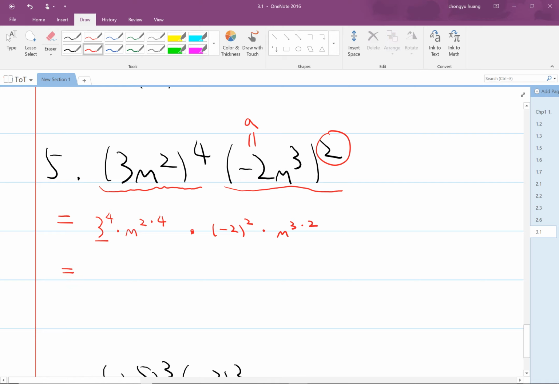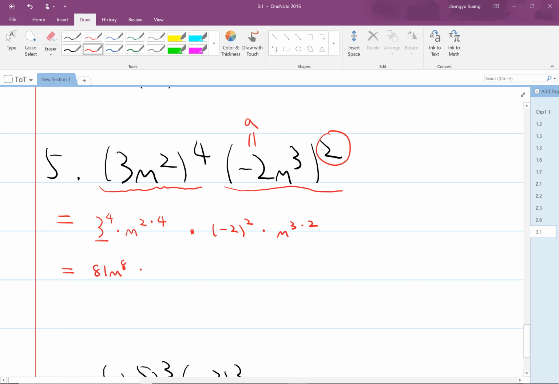On the left hand side, we have 3 to the power 4, which is actually 81. Basically, 3 to the power 4 becomes 3 to the power 2 multiplied by another 3 to the power 2, and 3 to the power 2 is 9. So 9 multiplied by 9 is 81. Then m is 2 multiplied by 4, which is 8.